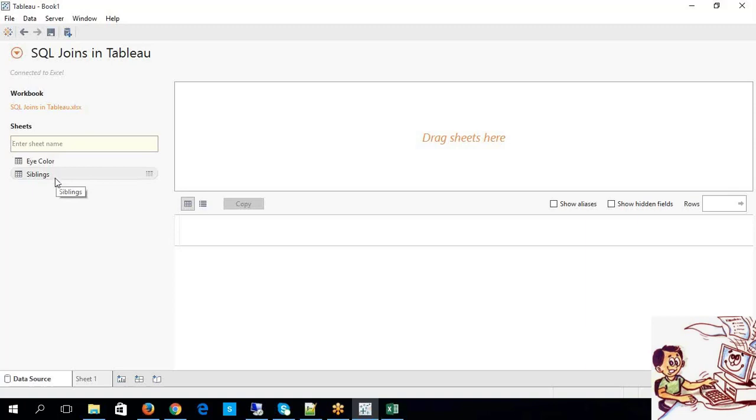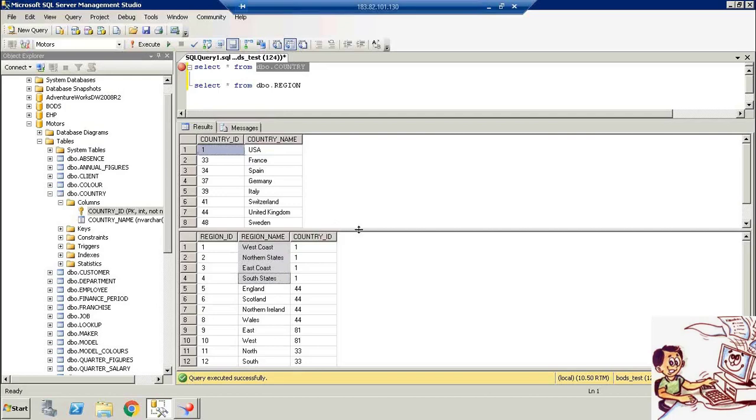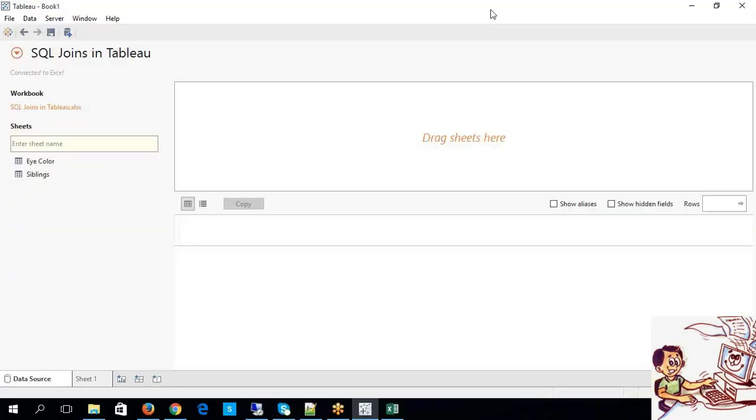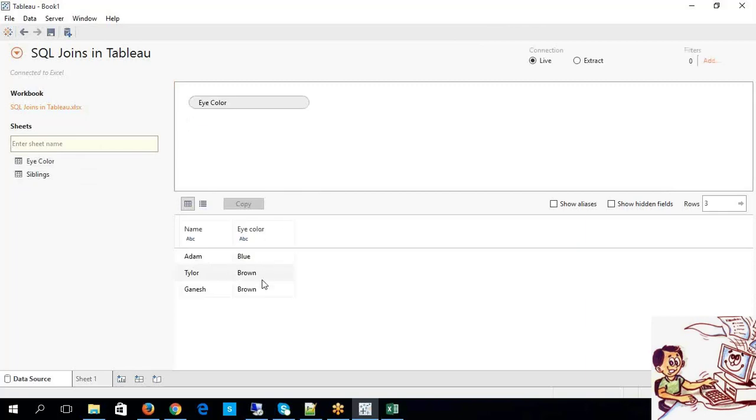For all those RDBMS databases, and even if it is an XLS data source, this logic is going to be applicable. Now look at this. When I add a particular table, these are the corresponding columns.